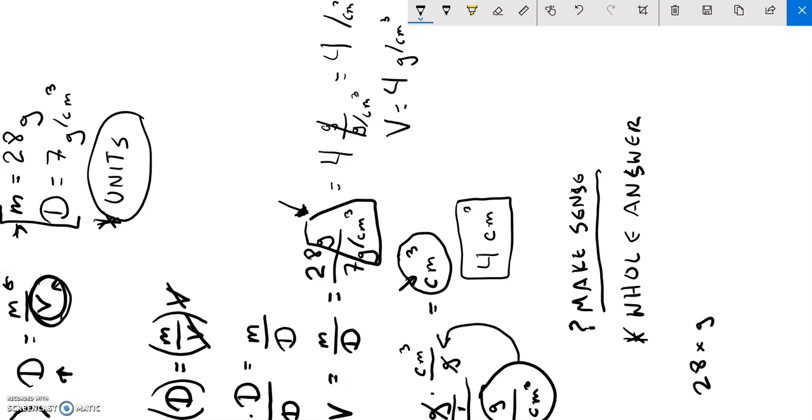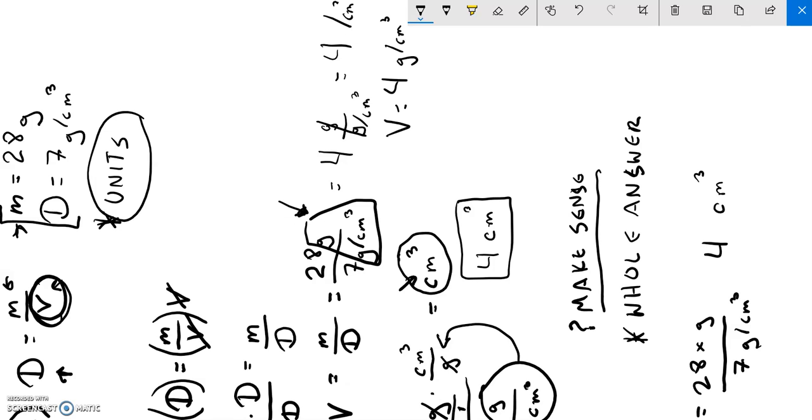You would solve the problem exactly the same way as we did up here. So you would end up with a volume equal to 28x grams over 7 grams per centimeter cubed. This number would be the same, still 4. And these units would be the same, just like we talked about here. And you would end up with centimeters cubed.